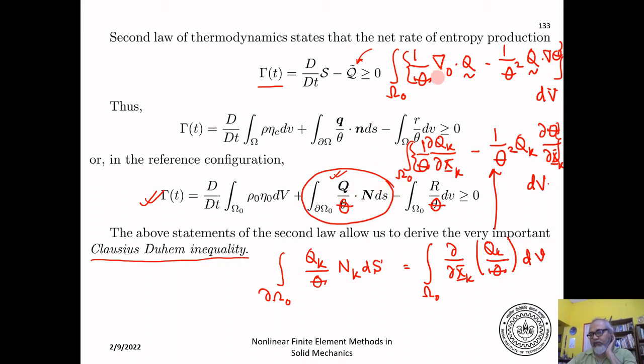So that's just this term. So I turn this into a volume integral, which will now contain these two terms, and the rest of the two terms are volume integrals already.